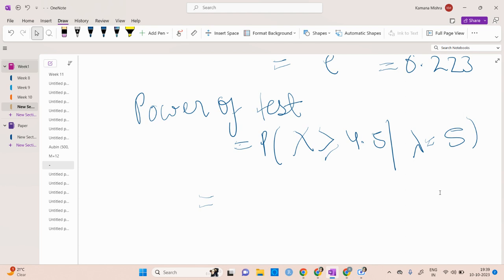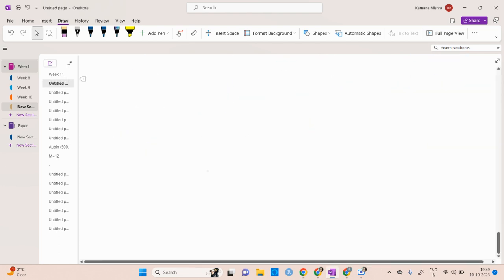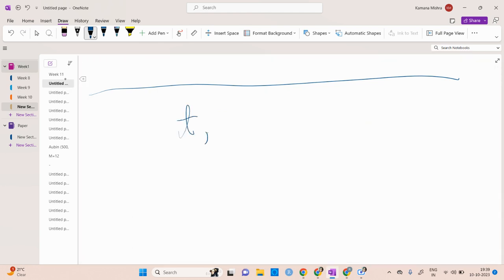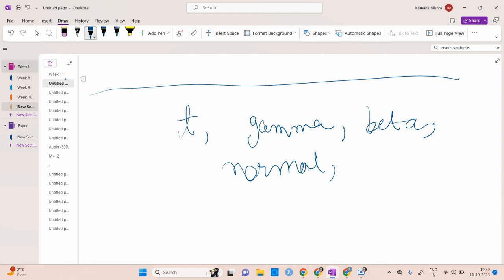So let's say I have this data set. I am taking this to check whether my data will follow a t distribution or gamma distribution or beta distribution or normal distribution, or name one more, let's say Weibull distribution.